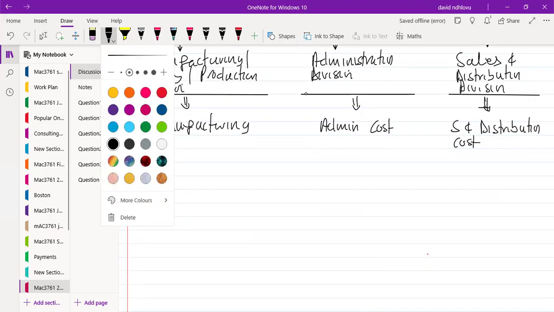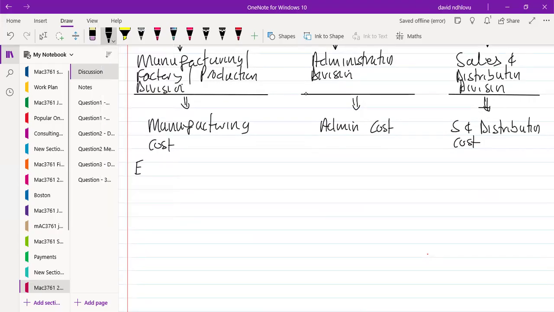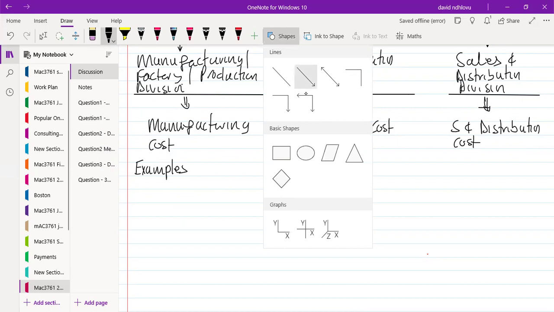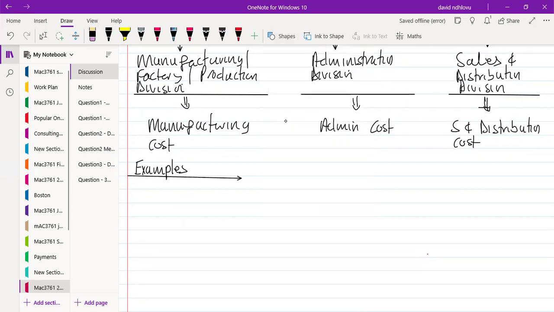We then have examples here. What examples of costs will we expect to be classified as manufacturing costs? Now, remember, we are very clear. A manufacturing cost is a cost that is incurred in the production division or manufacturing division of an entity. But what examples can we give? Come on now, good people.